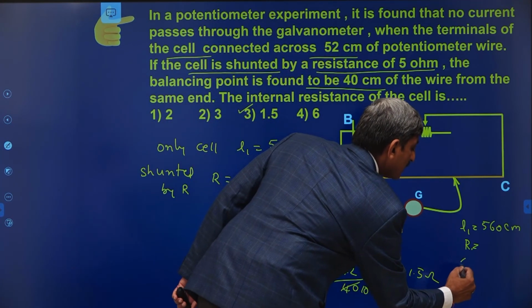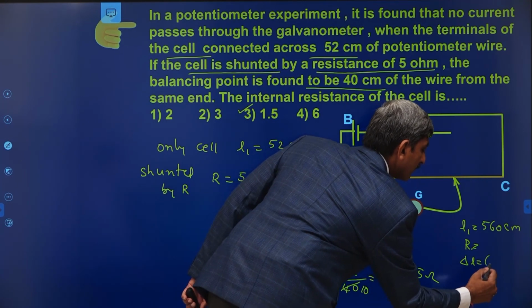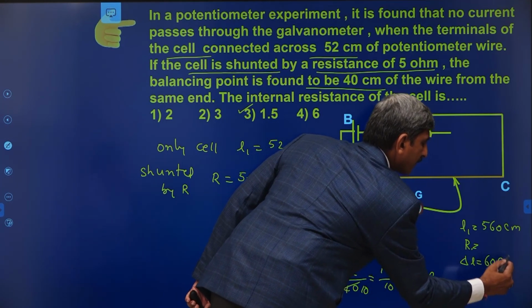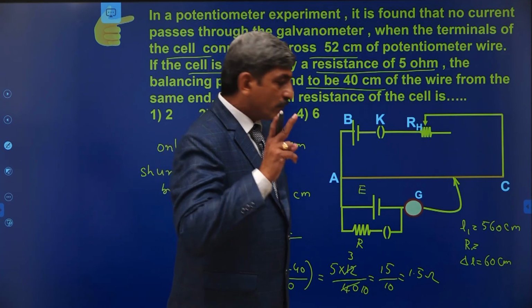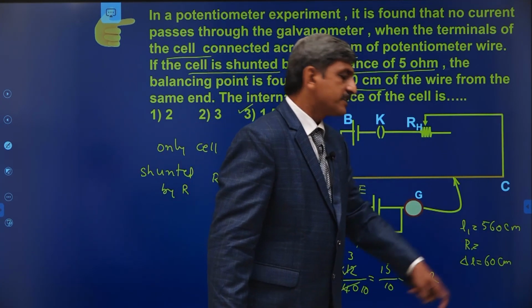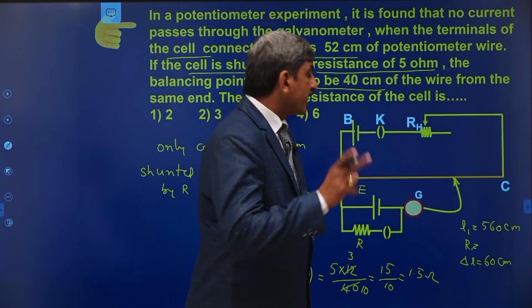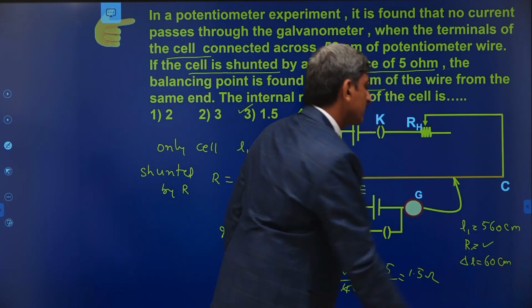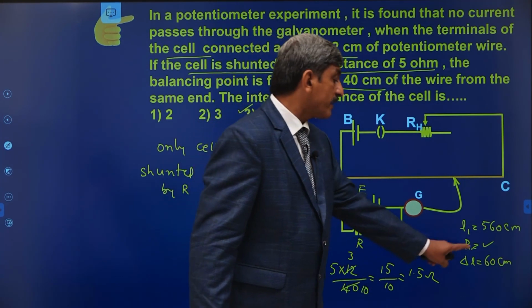That means delta L is given. For only this cell, the balancing length is 560 centimeters. When it is shunted by a resistance, the balancing point shifts by 60 centimeters.